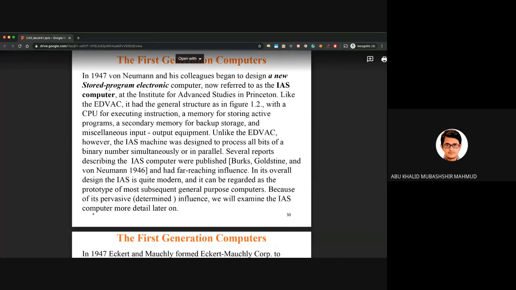Now in 1947, von Neumann and his colleagues began a new stored program electronic computer, now referred to as the IAS computer, named after the Institute for Advanced Studies in Princeton University. Like the EDVAC, it had a general structure as in figure 1.2.